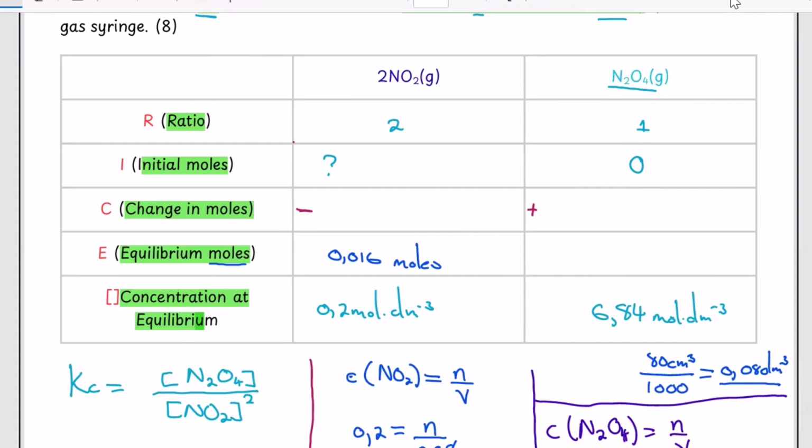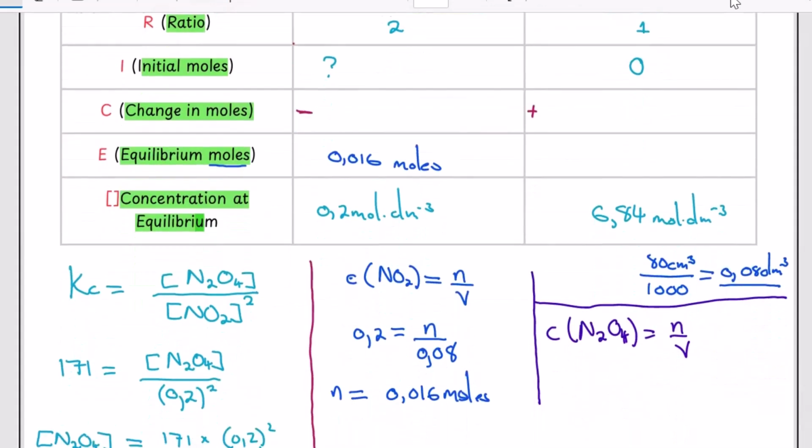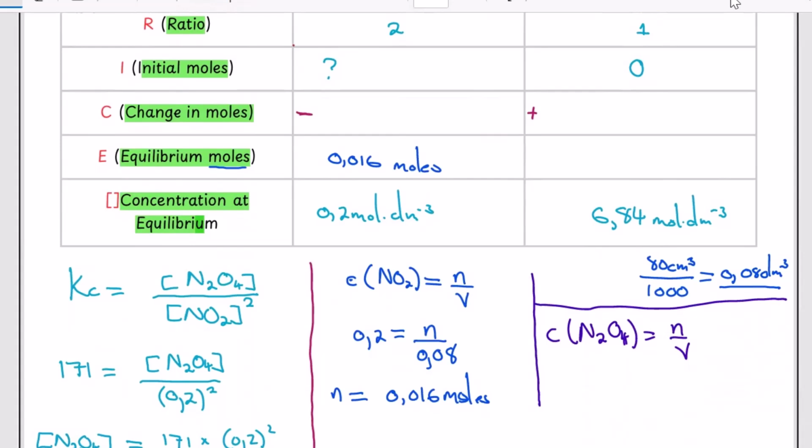Do we have the concentration of N2O4? Yes, we calculated it to be a value of 6.84. So 6.84 is equivalent to number of moles all over the volume. The volume is going to be the same, which is 0.08.